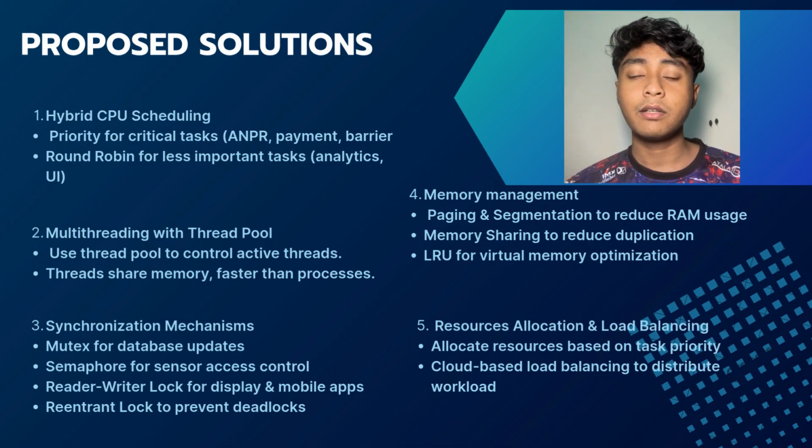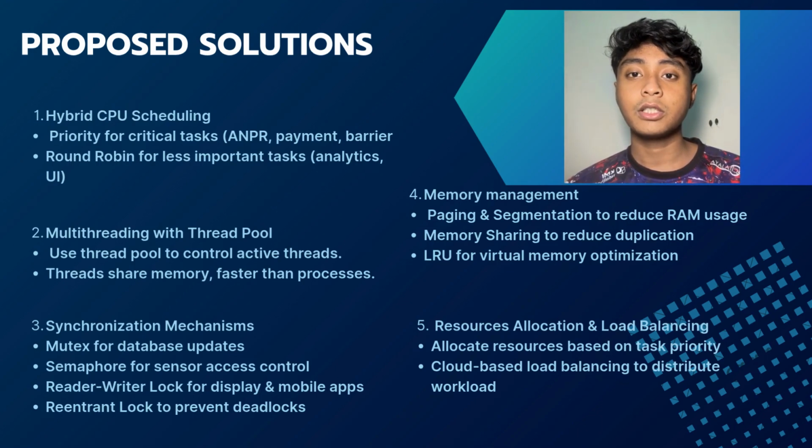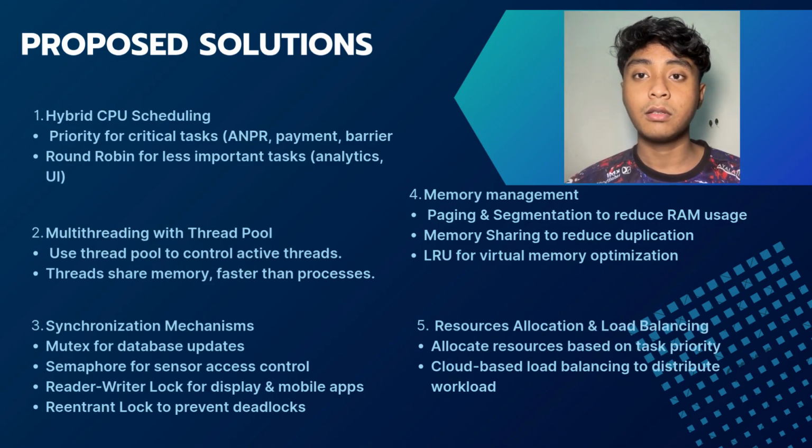Third is synchronization methods such as mutex locks, semaphores, and reader-writer locks, which protect shared data and prevent conflicts. Fourth, memory techniques like paging, segmentation, and LRU will optimize the RAM usage. And lastly, dynamic allocation and cloud load balancing distribute the workload to prevent any bottlenecks.